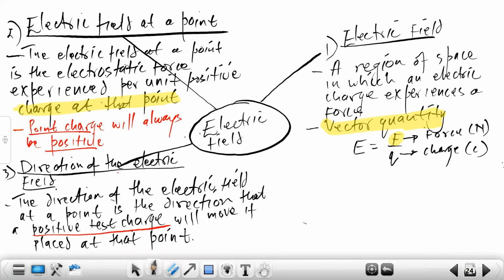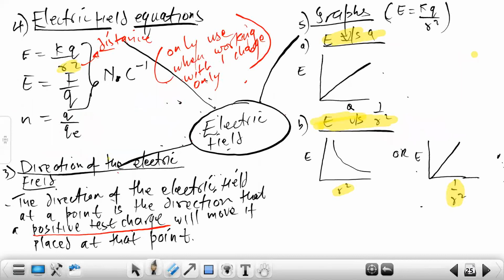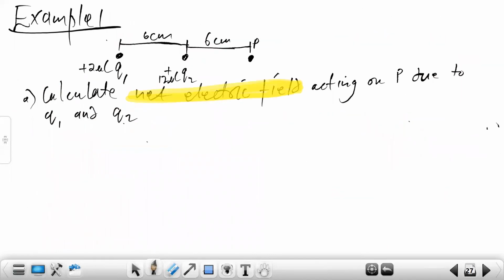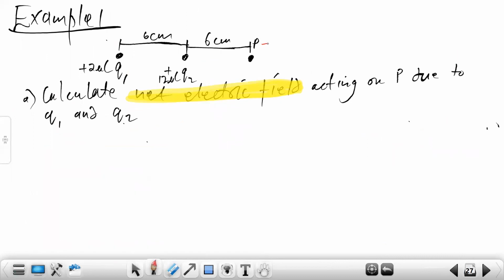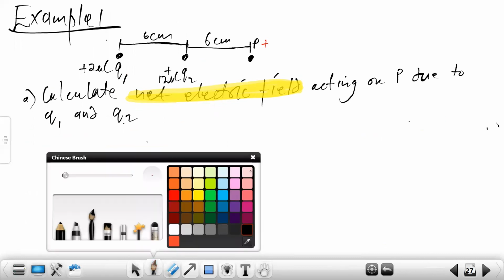So the direction of the electric field at a point is the direction that a positive test charge would move. So already I know that P must be positive, and I am in a position to draw the correct free body diagram.